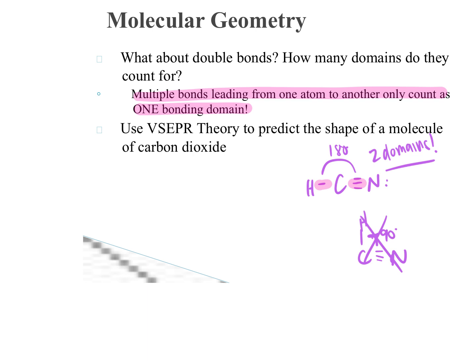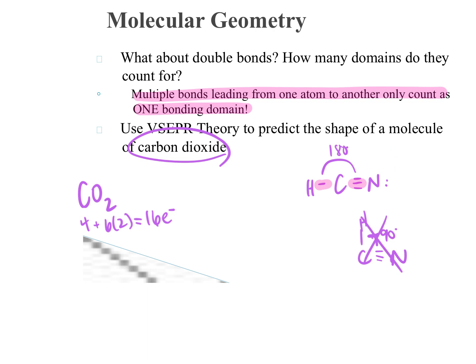Okay. Let's try one for carbon dioxide. Now you have to tell me the formula for carbon dioxide. What is it? CO2. Okay, CO2. So carbon gives us 4. Each oxygen gives us 6. That means we need 16 electrons.